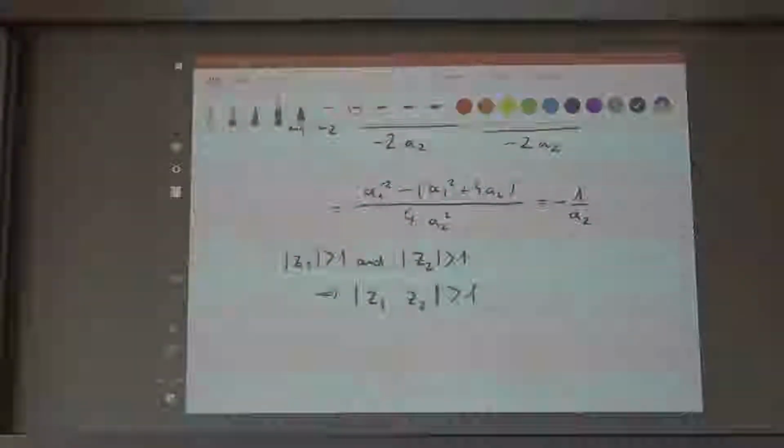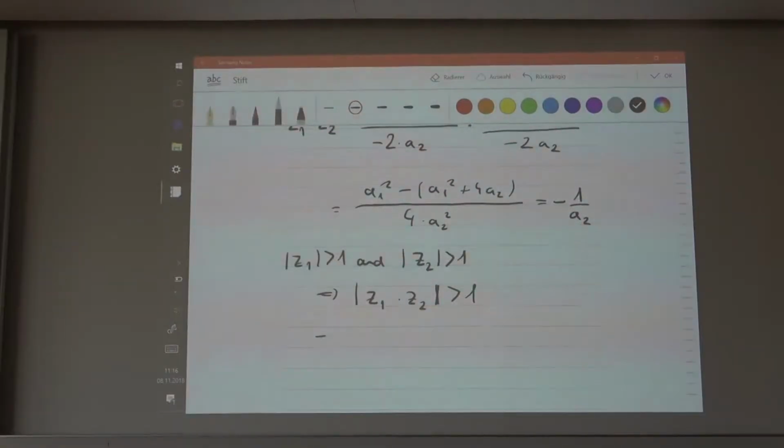Now, the product of the two is equal to negative 1 over A2, so the absolute value of negative 1 over A2 must be greater than 1, because the absolute value of the product is greater than 1. Do you get that?